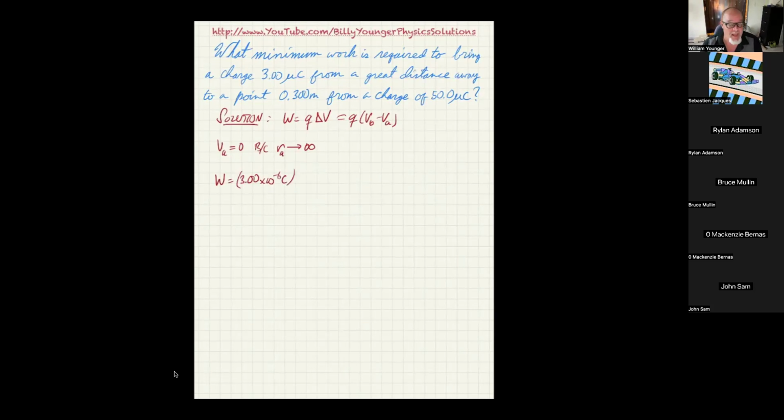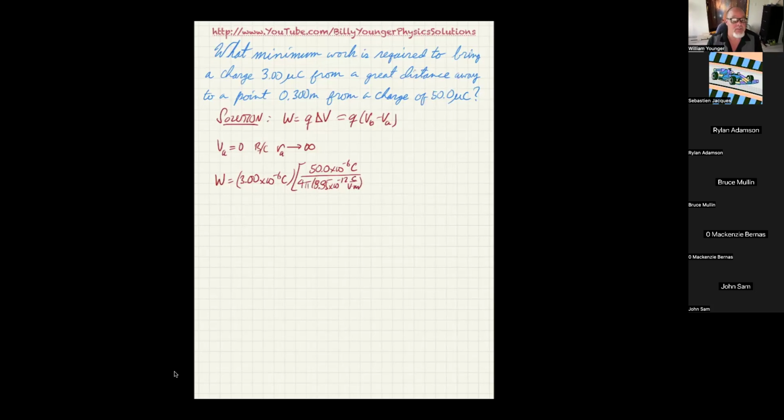times, now I've got to actually calculate the voltage at the distance of 0.300 meters. So that voltage is going to be, since it's caused by a 50 microcoulomb charge, 50.0 times 10 to the negative 6 coulombs divided by 4 times pi times 8.85 times 10 to the negative 12th coulombs per volt meter.